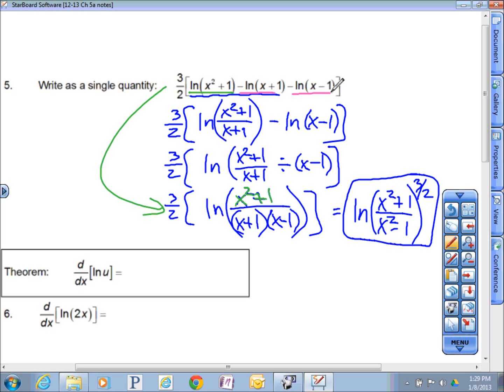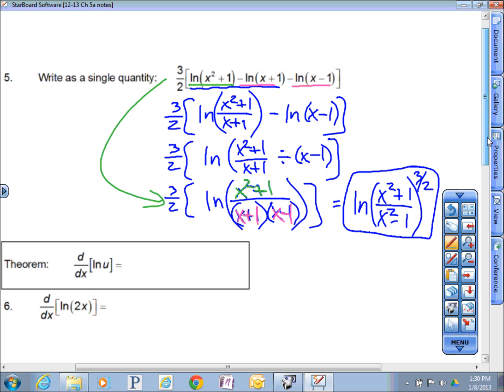Well, the shortcut is any term that is positive is going to send that quantity to the top of the log. Any term that's negative is going to send that quantity to the bottom of the log, and that is going to work out that way every time. If you want to skip those first 2 steps that I wrote down, if you just look at your terms, you can simplify the log pretty quickly, and we're going to do that to try to make things a little easier on ourselves. So there's your log properties and properties of your graph.